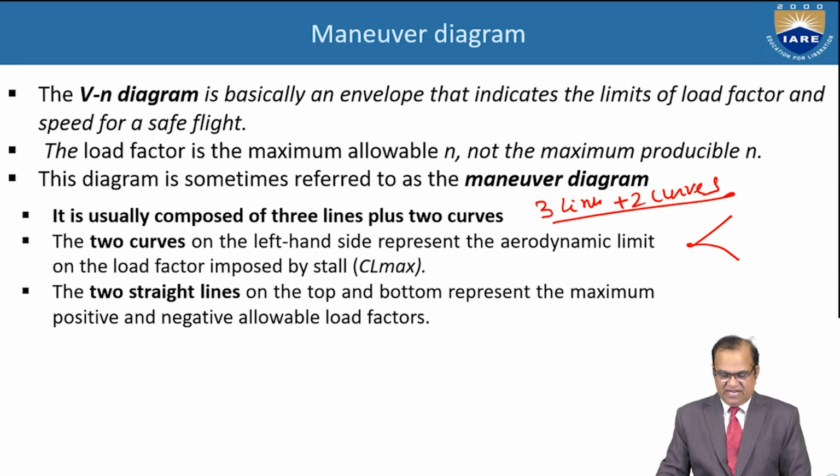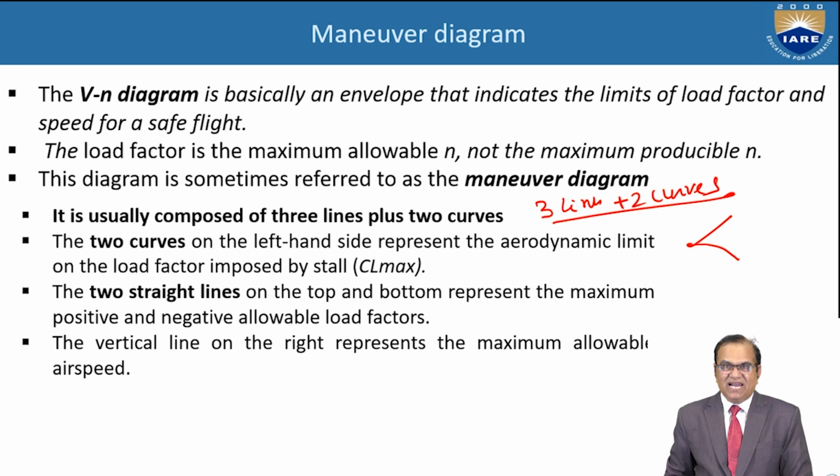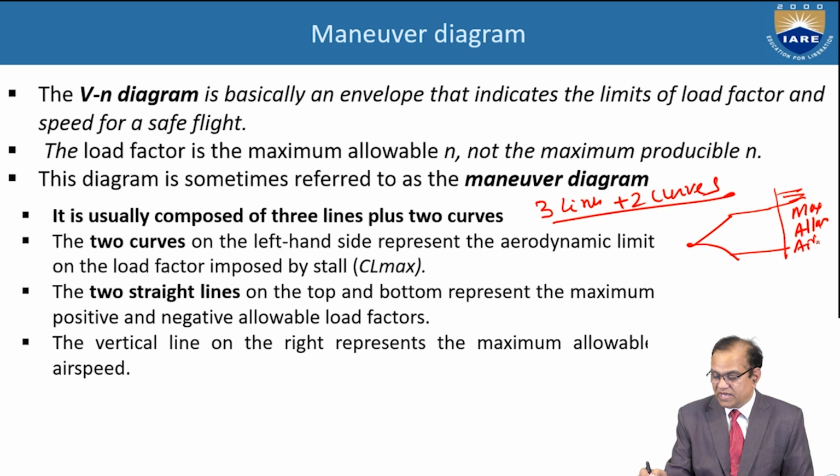The 2 straight lines on the top and bottom represent the maximum positive and negative load factor. The vertical line on the right represents the maximum allowable airspeed. So at the last we have this vertical line. This is the maximum allowable airspeed.